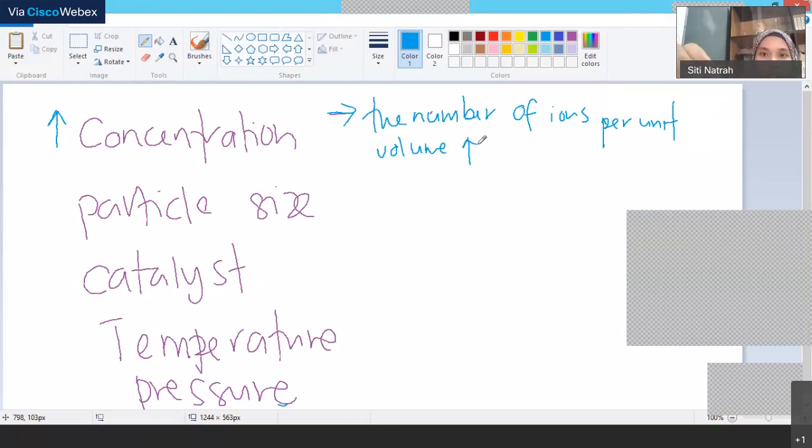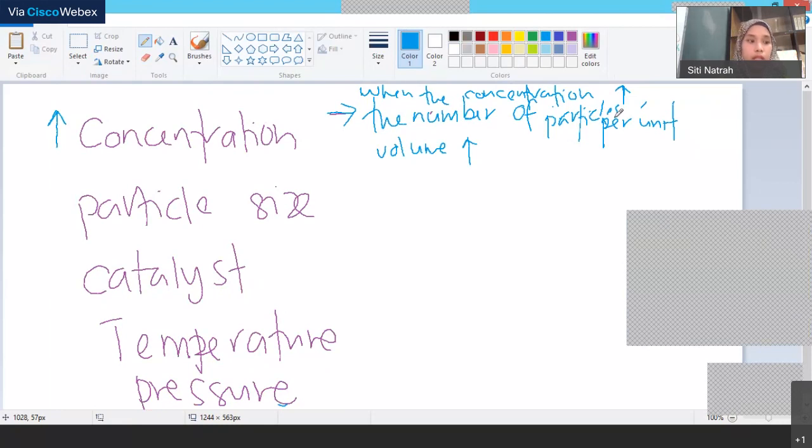So basically, you can write down here. Let me write down. When the concentration increases, the number of ions or particles per unit volume increases. So therefore, we can say the rate of reaction also increases.